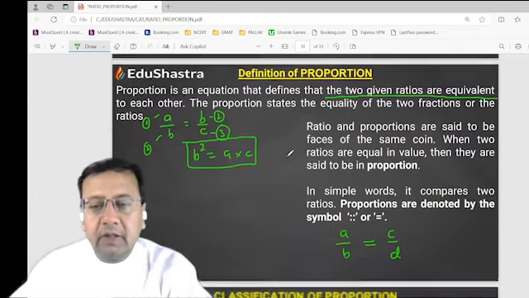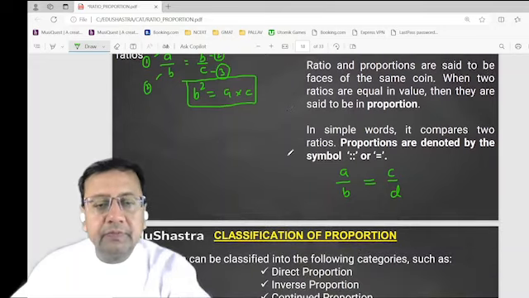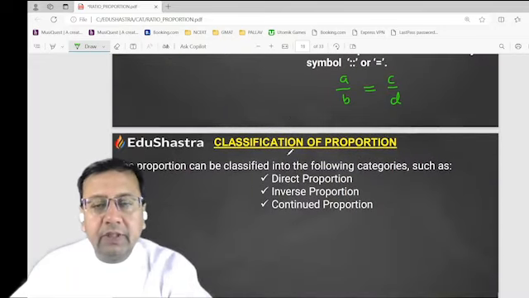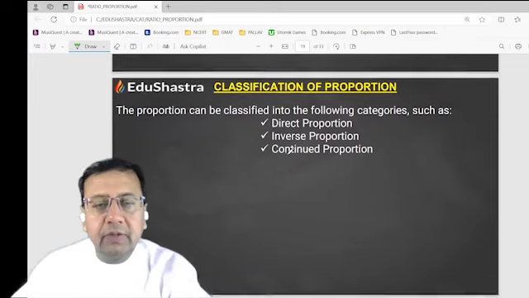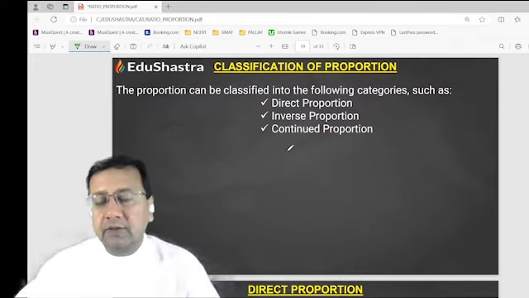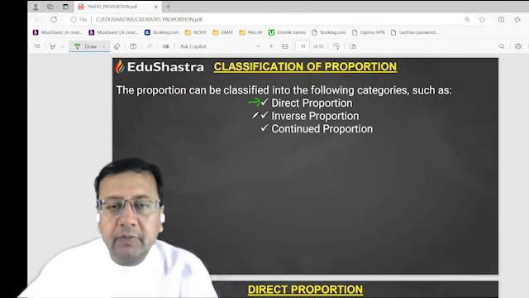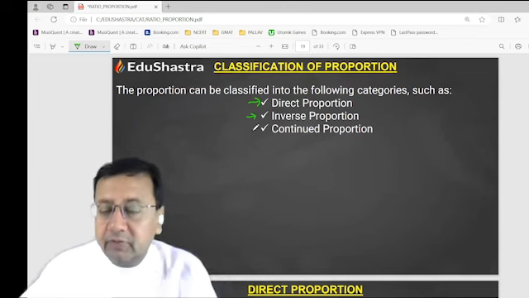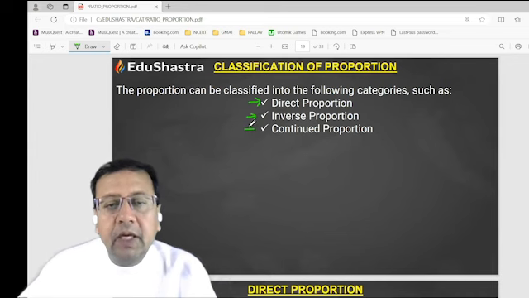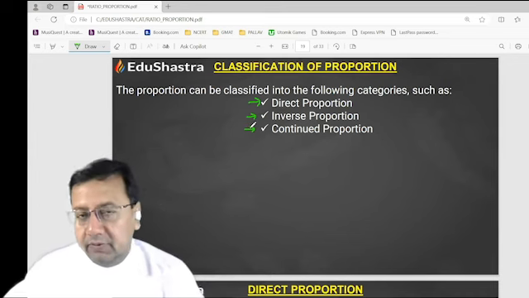Now moving further. Classification of proportion is done in 3 ways. One is direct proportion. The second one is inverse or indirect proportion. And the third one is continued proportion.